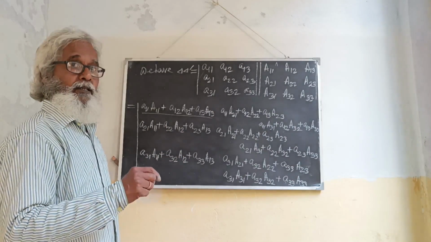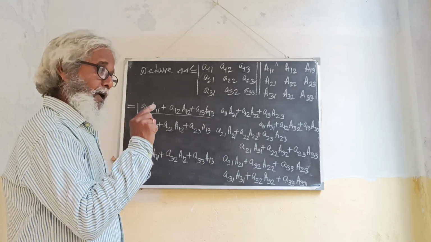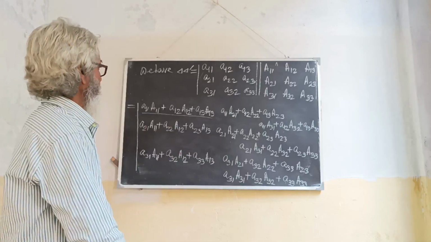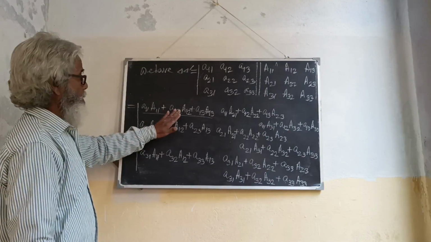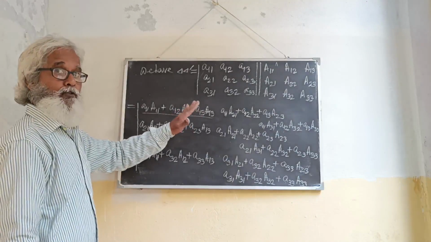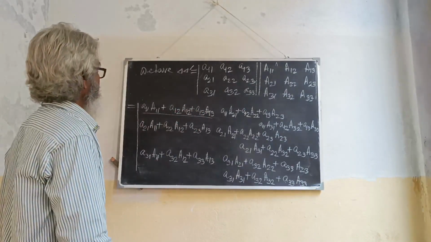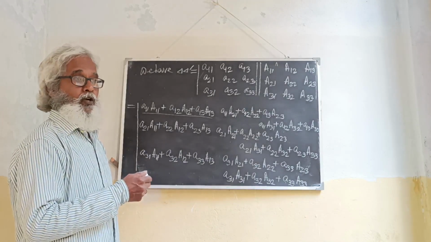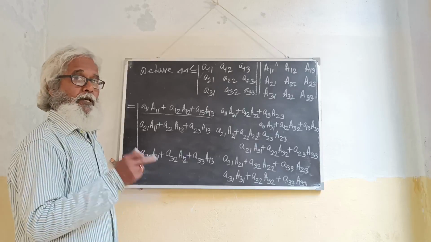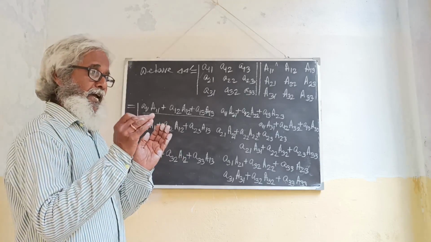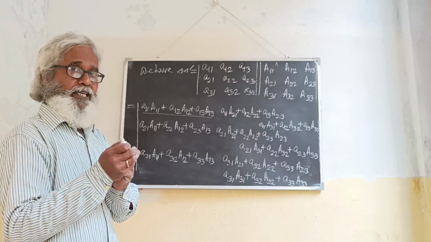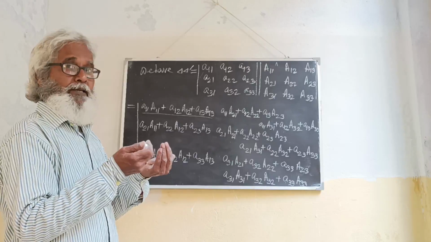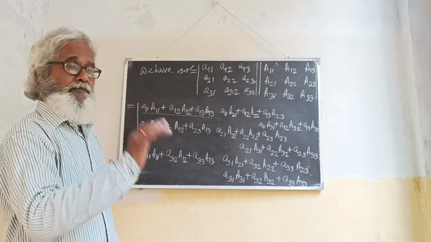That is property 1 of cofactors of a determinant. If each element of any row or column be multiplied with the cofactors of their corresponding elements and we obtain their sum, that will give you the value of the determinant delta itself.